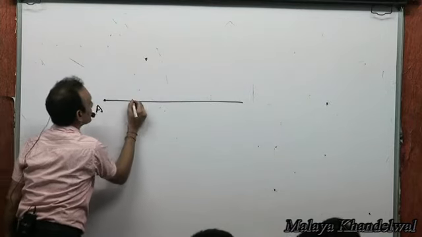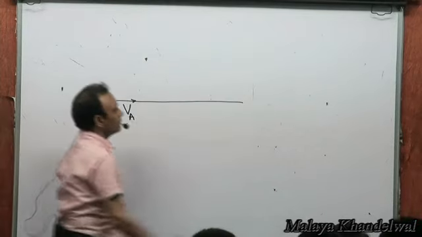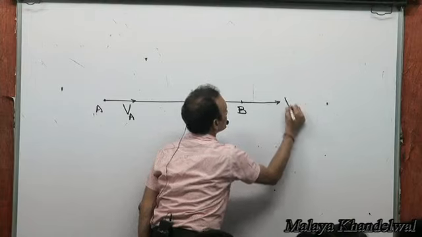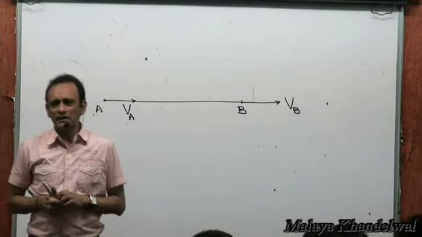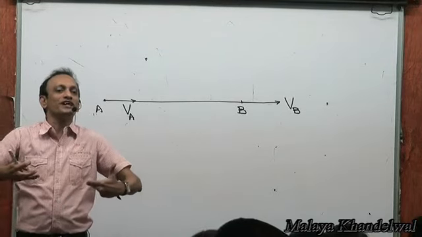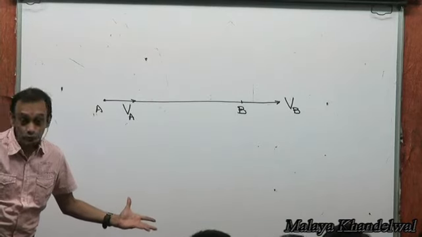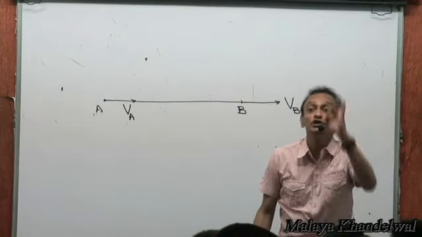Suppose this is A and the velocity of A is VA like this, right? This is B and the velocity of B is VB like this. Now look at the line joining A and B. Is the angular disposition of AB changing with time? No. That means, what's the angular velocity of B with respect to A? 0.